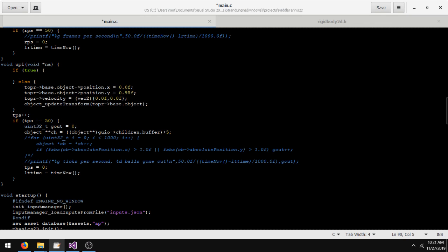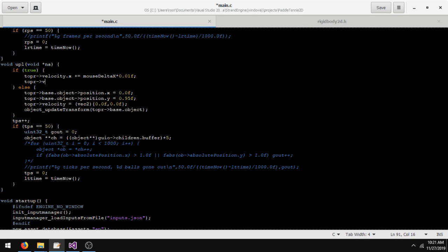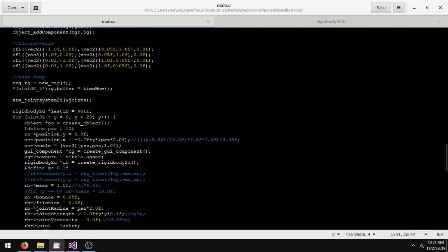Alright, so I have a variable mouse delta x. I'll just add that. So now this will move it by the mouse when I have this enabled.